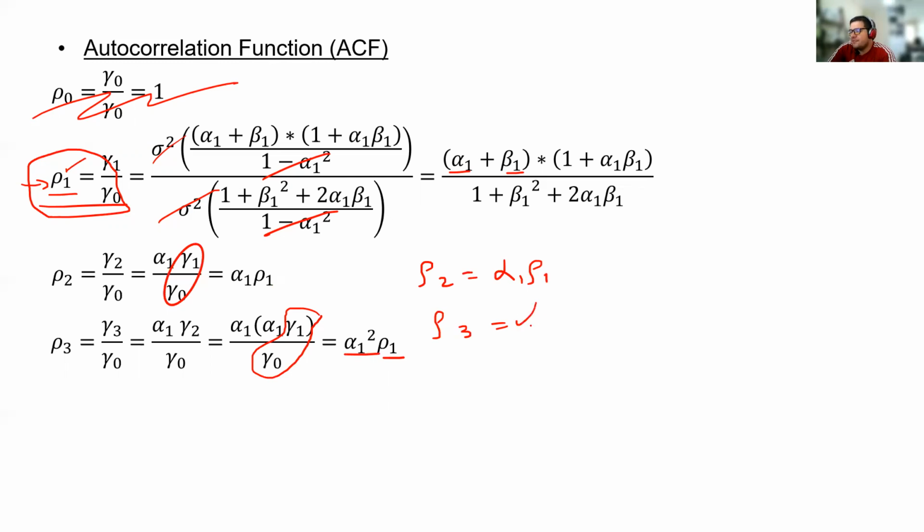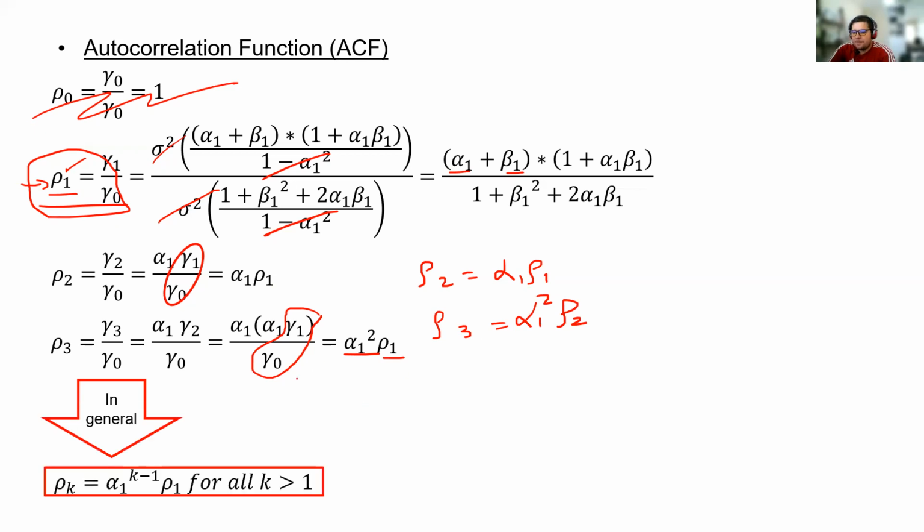Rho 3 is equal to alpha 1 squared times rho 1. Sorry, so for rho 3, it's alpha 1 squared, and it is always multiplied by rho 1. So we can find the pattern for this.